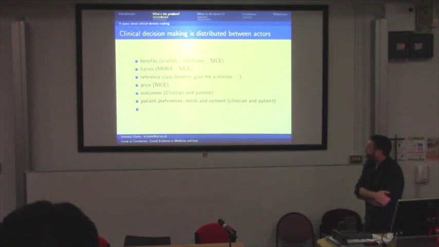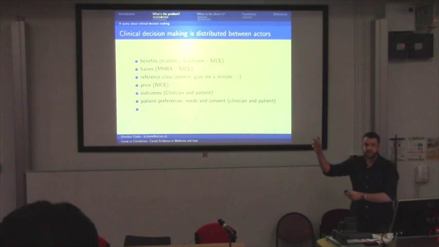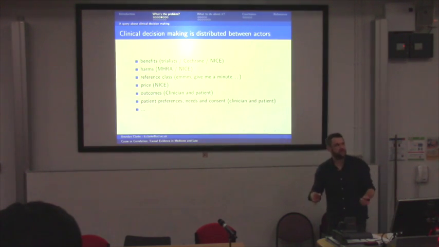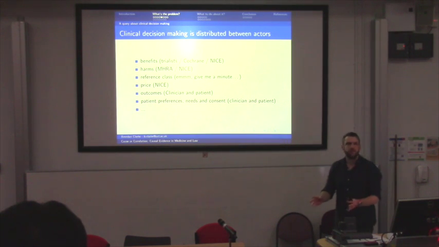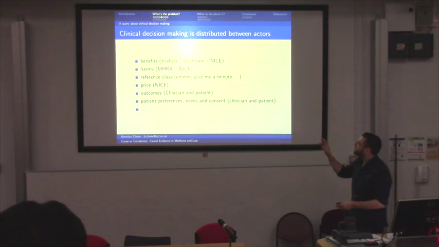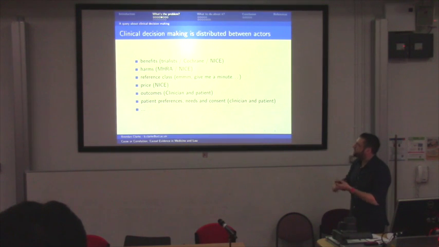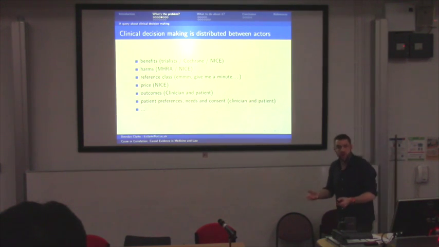A final point is that these bits of the clinical decision-making process are distributed between actors, and apologies for the social science terminology, but the majority of the weight of that decision rests on different people, depending on who you're looking at, right? So if we're looking for benefits, we particularly find that some of the public bodies, like the Cochrane Collaboration or NICE or so on, will actually do most of the work in making that decision.